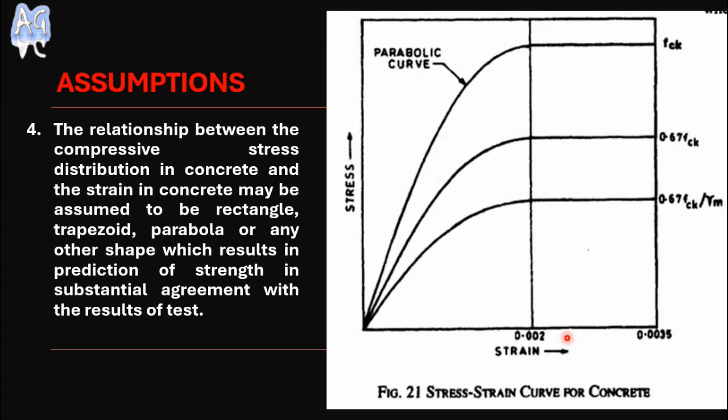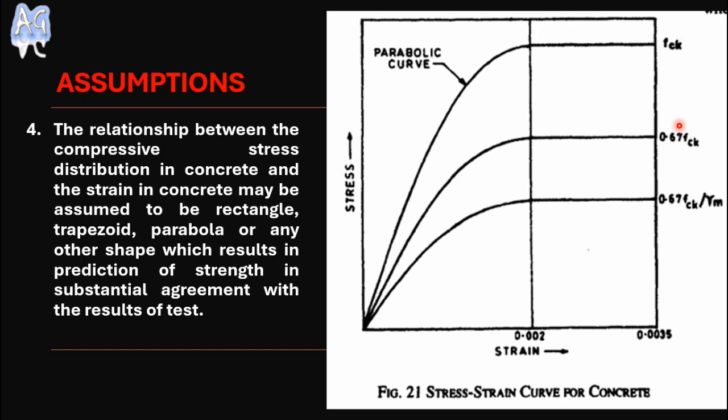The code has provided this type of parabolic stress-strain curve, and here you can see the maximum stress value is fck, which we first divide by 1.5. This factor of safety is divided because there is a safety factor. Also, concrete is a mix of water, cement, fine aggregate and coarse aggregate, and sometimes we make the concrete in the field.